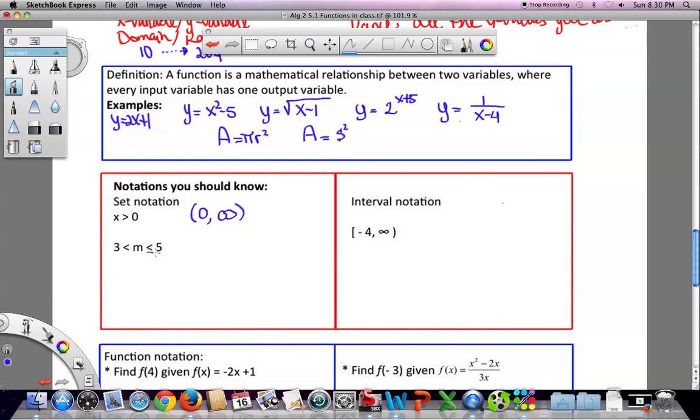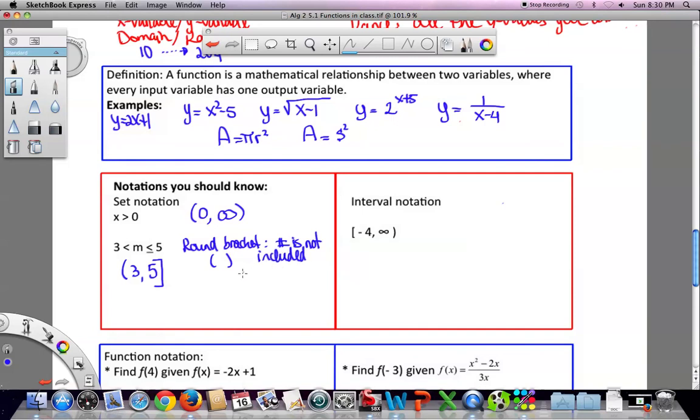This statement says m needs to be larger than 3 and less than or equal to 5. Since it says less than or equal to, I'm going to use a square bracket. The round bracket, which is either one of those two, means that the number is not included.